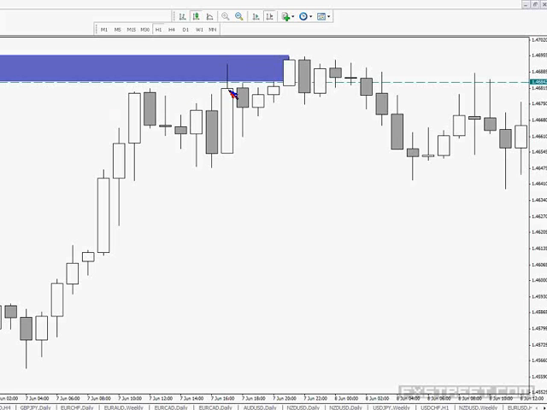You can see the wick did go into that area, but besides that little wick here that sort of made it through the zone briefly, we don't have any bars on our chart in this area. This is good. This means it has space, has room to the left. That means that this is a pretty good one.